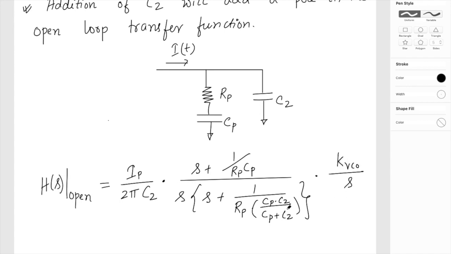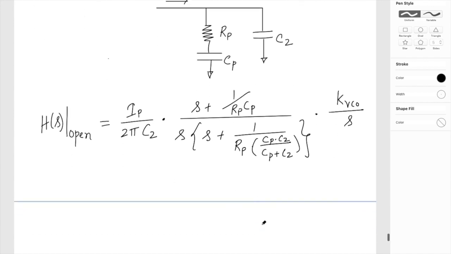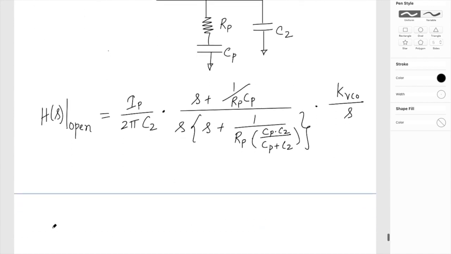If I rewrite it, maybe I'll just combine them.